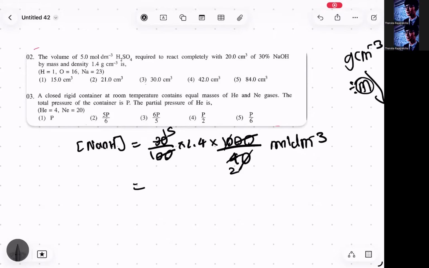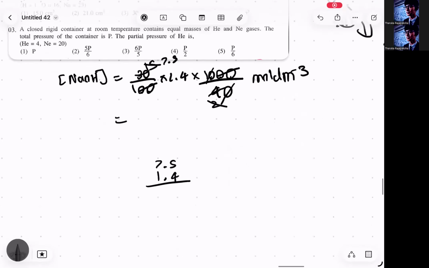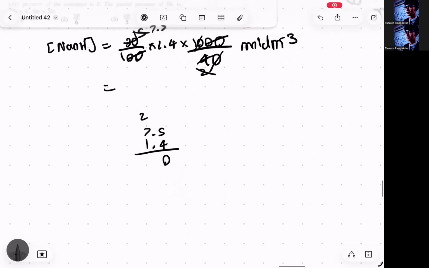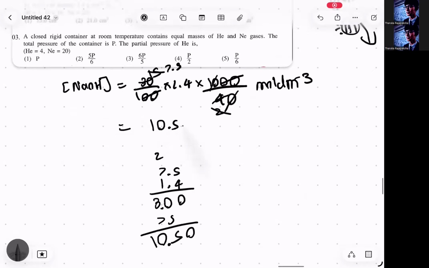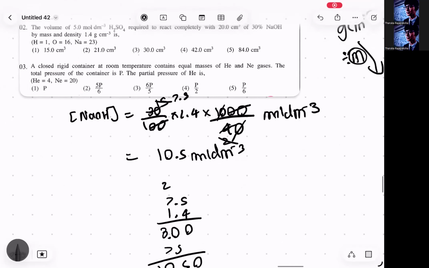So if we calculate this, 7.5 multiplied by 1.4. That's going to be 10.5. This is the concentration of sodium hydroxide. Right, this is the concentration of sodium hydroxide.